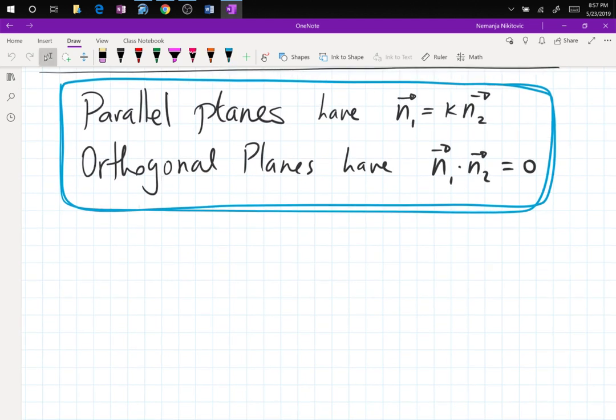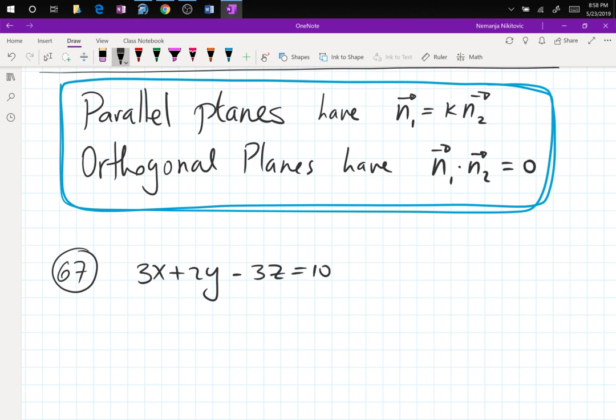Great. So I'm going to give you just a random problem. Let's go with 67. 3x plus 2y minus 3z is equal to 10.